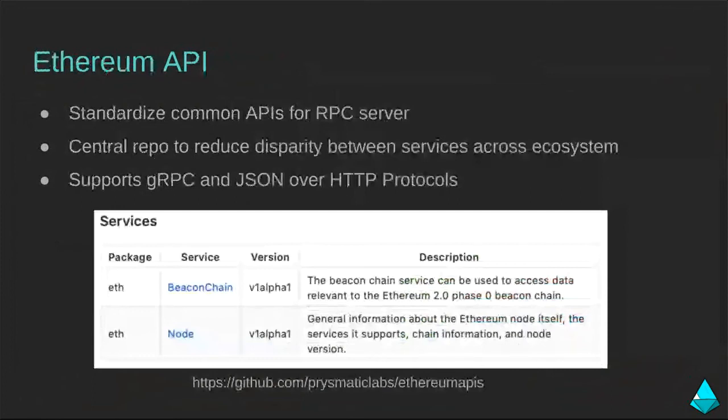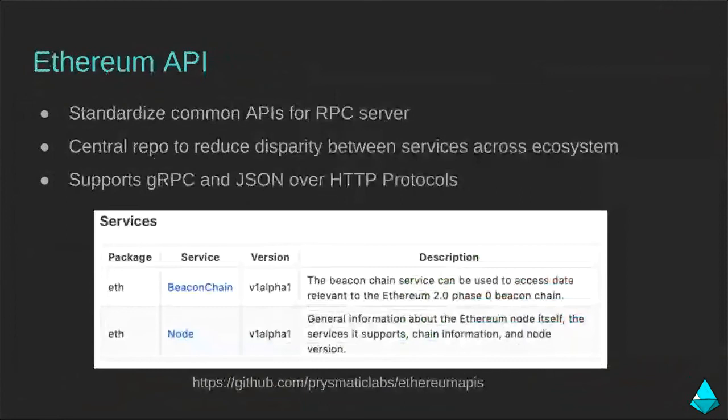So for certain applications, like a web application, it might make more sense to use JSON, or if you're using a more performant tooling or client, you would prefer to use gRPC. gRPC comes with a lot of added benefits, including generating your code stubs for you and a lot of other nice stuff. So it's super cool. This is what testnets are using to collect data from Prism and display it in a helpful way.